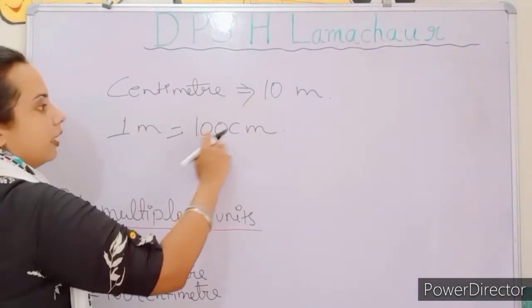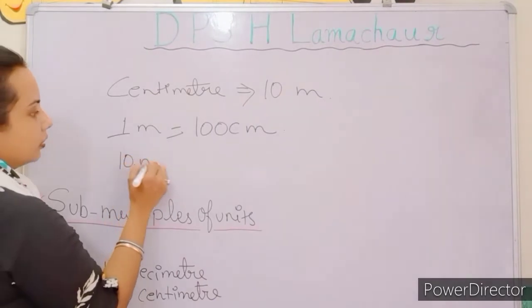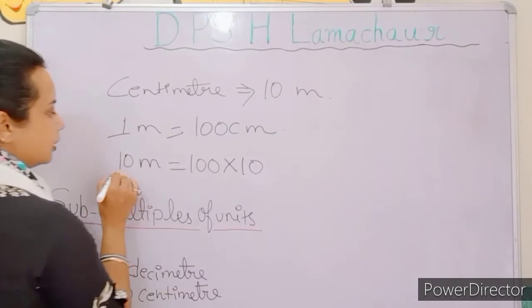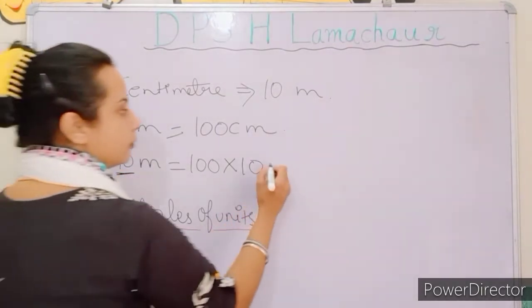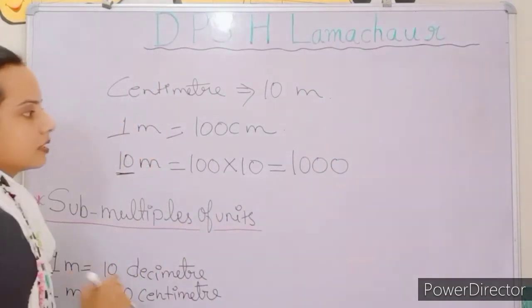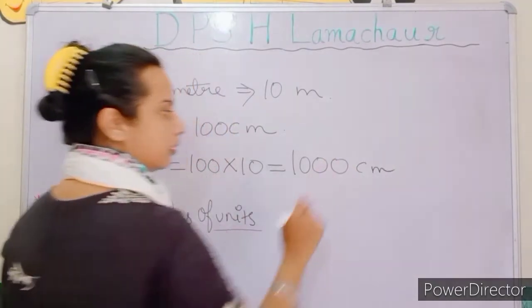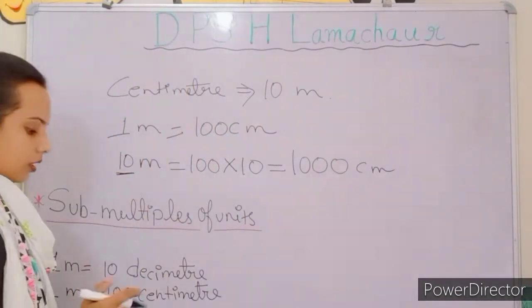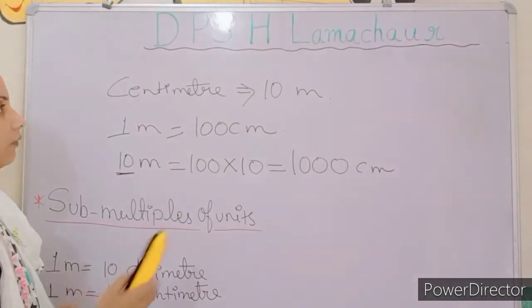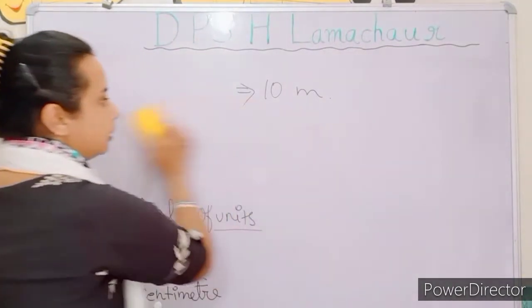We will multiply 100 centimeters by 10. So 10 meters equals 100 multiplied by 10. How much will we get? We will get 1000 centimeters.